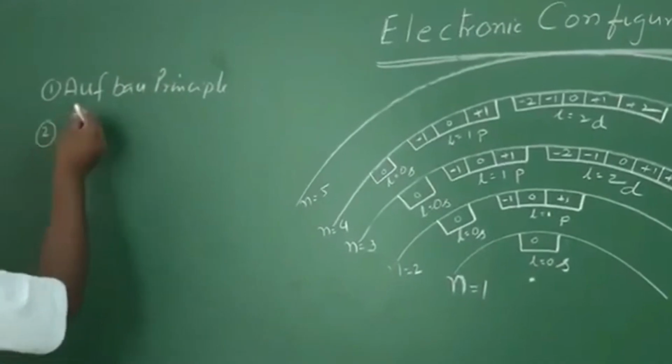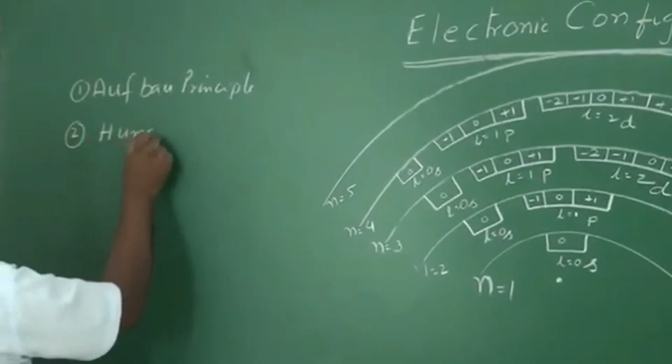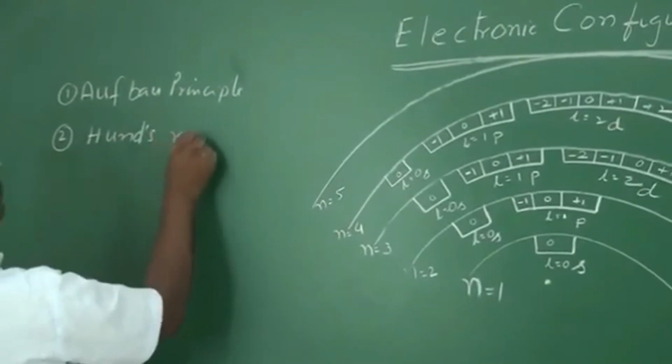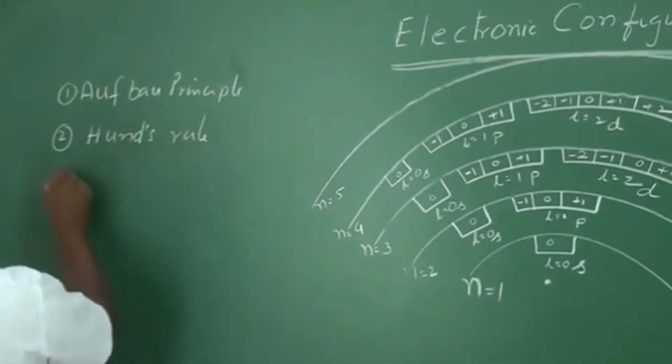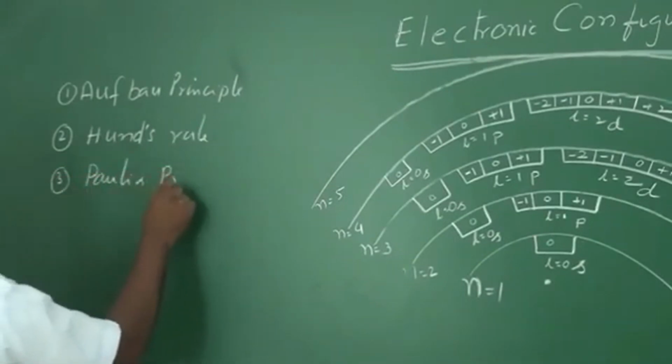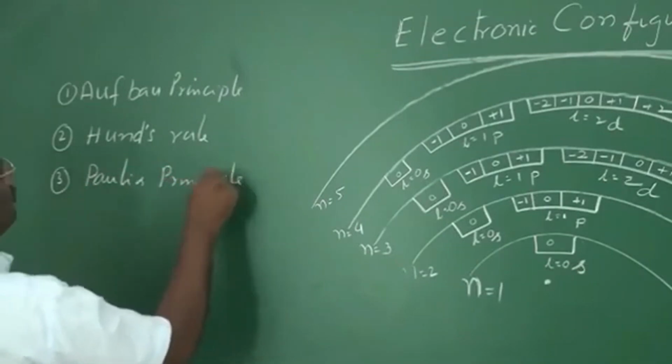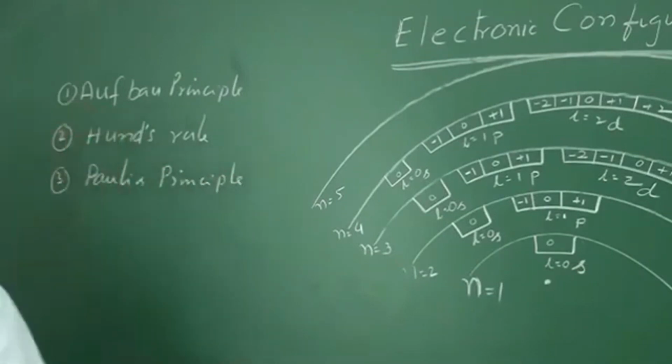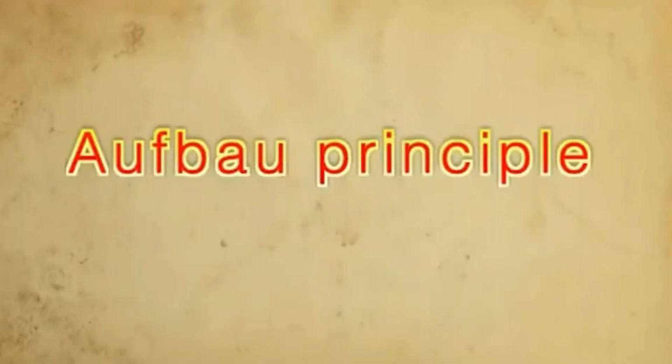Number 2, Hund's rule. Number 3, Pauli's principle. These are the 3 important rules that are followed in filling up of different atomic orbitals. First one is Aufbau principle.